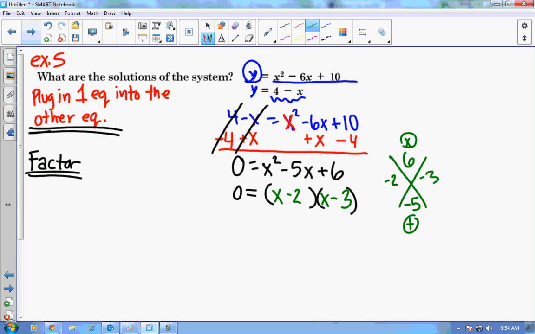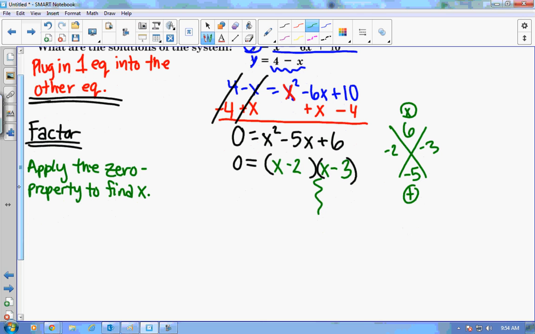Zero property. So it means we set each individual factor equal to 0. So apply the zero property to find x, or to solve for x. Which means, I like to do a little squiggly. x minus 2 equals 0, and x minus 3 equals 0.